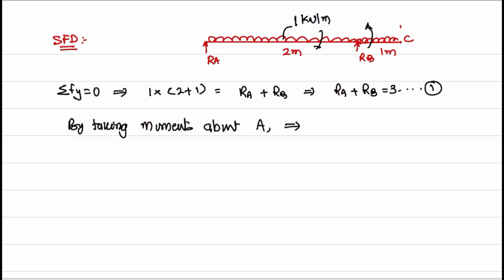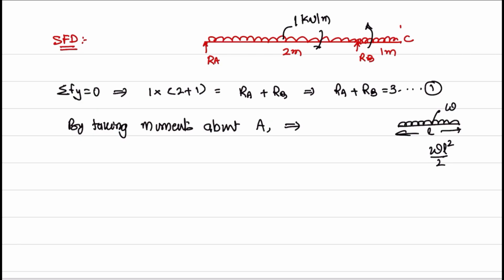What is the UDL moment? If a beam is there, W and length is L, the moment is WL square by 2.